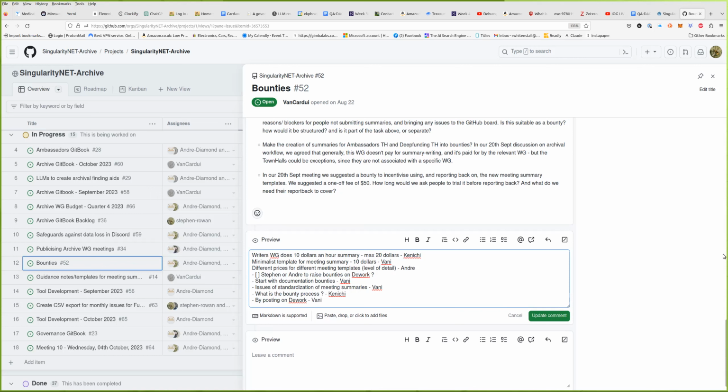It is an entry-level task, so it needs to be quite clear. We just need to say what we expect from people, like how long, or how short, it's got to be. We can give some examples, at least for the Ambassadors Town Hall, of what Peter has been doing.